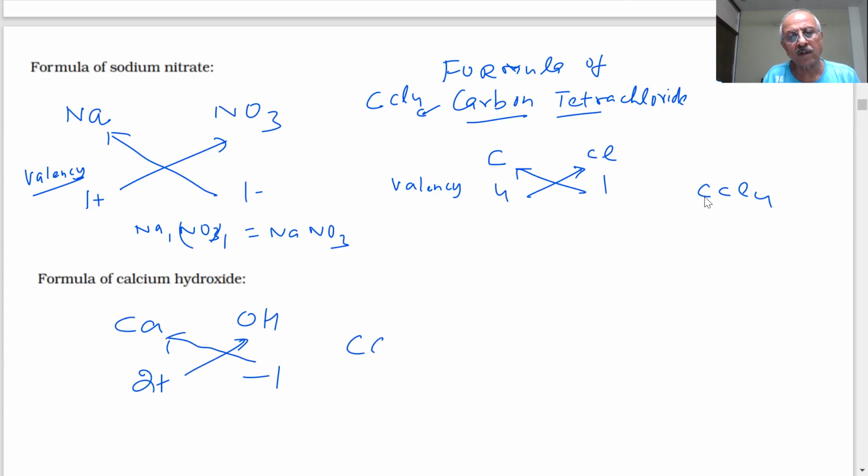Calcium is how much? 1. Yes, sir. Now this is having 2 atoms, not 1, and 2. Then what will it become? Enclose it in the bracket and write the answer. Calcium hydroxide, students. Is there any difficulty? Tell me. No, sir. All right. Very good.